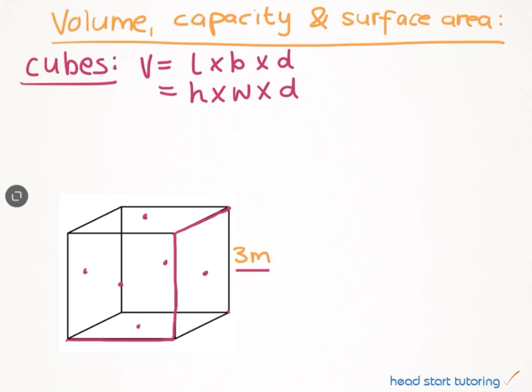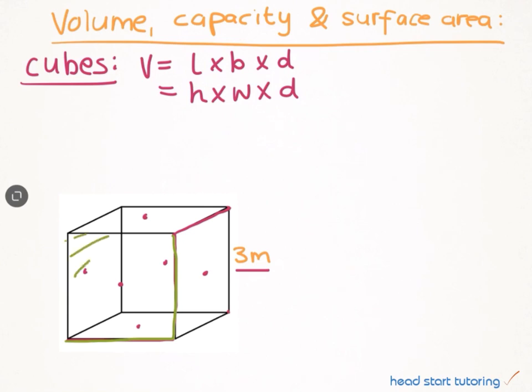So because our area is equal to length times breadth, if you are given the area of one of the faces of a cube, so for instance, if we have been given this length times the breadth, well, it doesn't matter which one we call them because they are equal to each other in a cube.